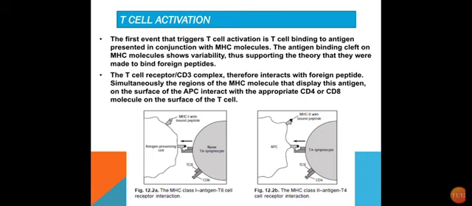The T cell receptor CD3 complex therefore interacts with foreign peptide. Simultaneously, the regions of the MHC molecules that display this antigen on the surface of antigen presenting cells interact with the appropriate CD4 or CD8 molecule on the surface of the T cell.